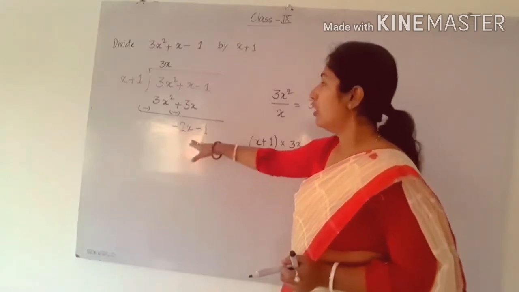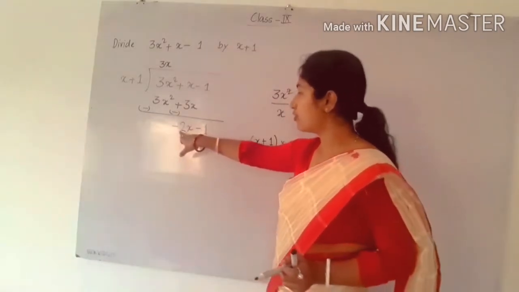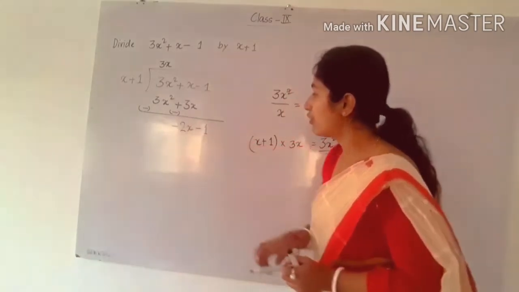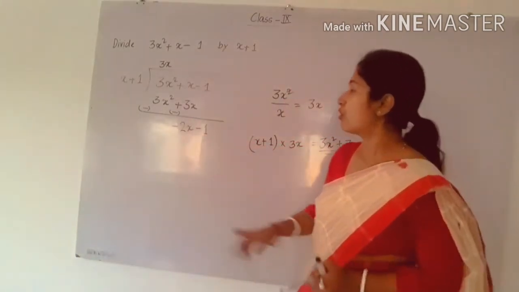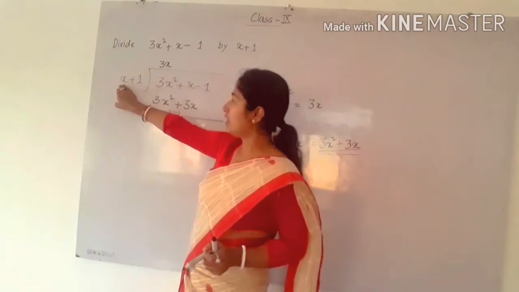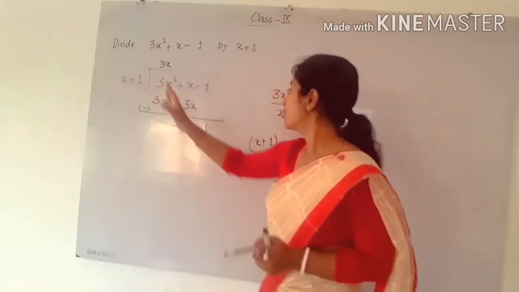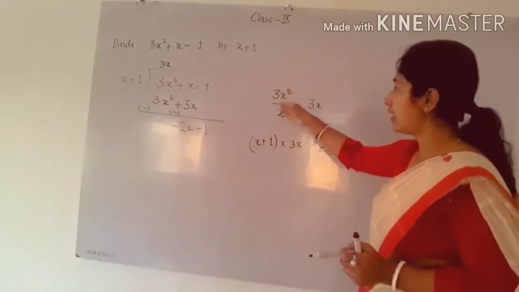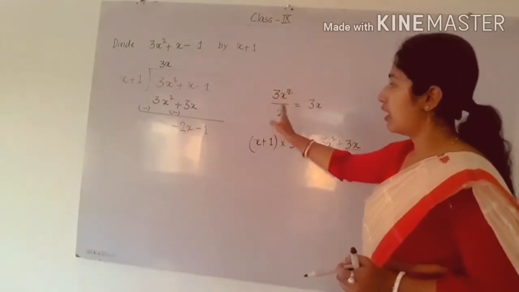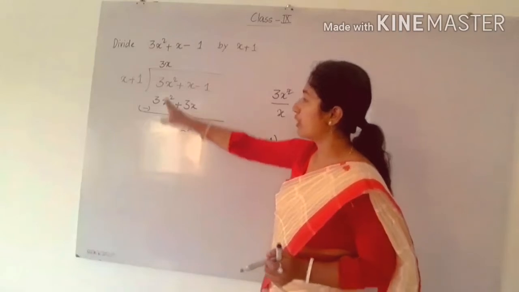Again we have to see the first term of the dividend. The first term is minus 2x. Which variable do I multiply with x to get minus 2x? Again you have to divide, just as we divided 3x square by x. Here I have to divide minus 2x by x.